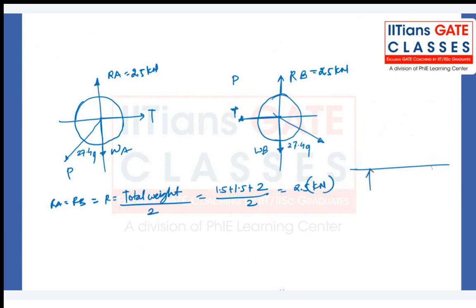We have two reactions and they are symmetric, so two upward reactions in the symmetric figure should be half of the 5, that is 2.5. That is why it is calculated like this.